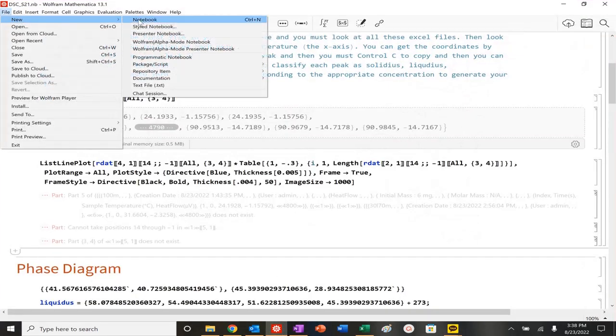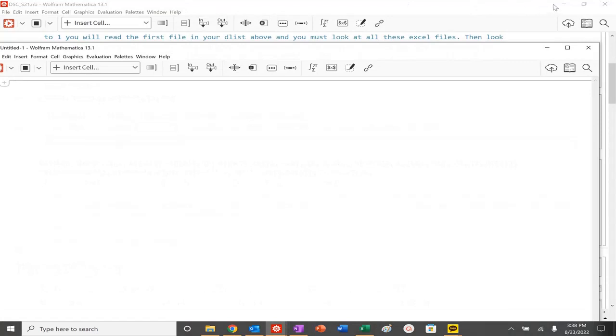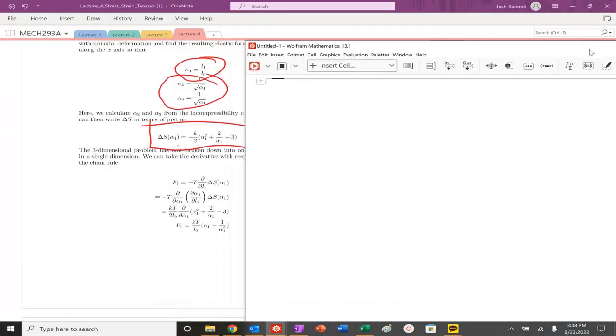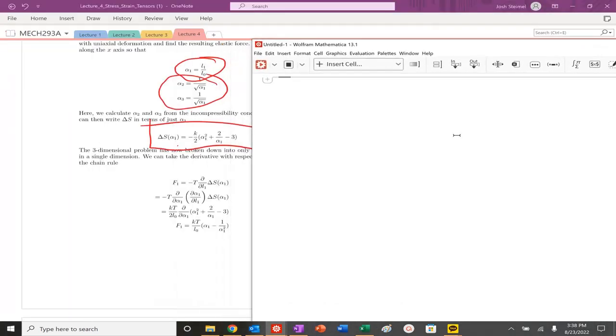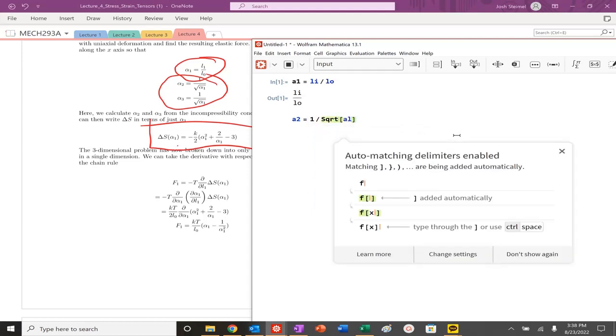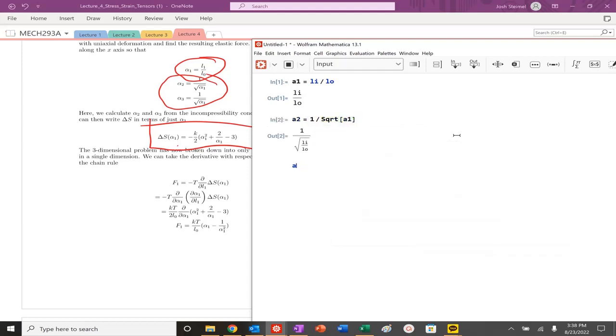There we go. So for example here, I'm going to say A1 is equal to L1 divided by L naught. A2 is equal to 1 divided by the square root of A1. A3 equals A2.